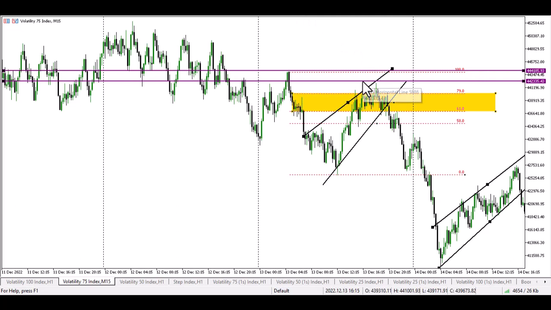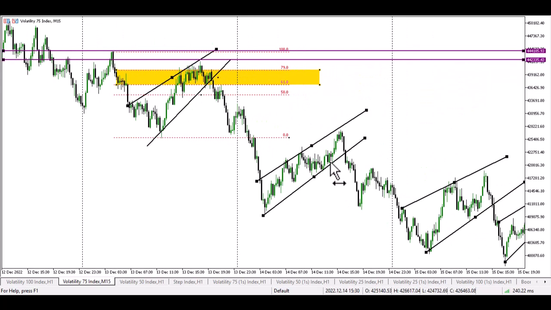What determines where your stop loss goes is the distance between the 79 and the 100 level, right? If the distance is too small, then you use the 100 level, and if the distance is too big, then you use the 79 level. I'm going to be showing you all this as we go, right? Then we have another setup that you see in this particular area, and as you can see, we have the 61.8 level and the 79 level.